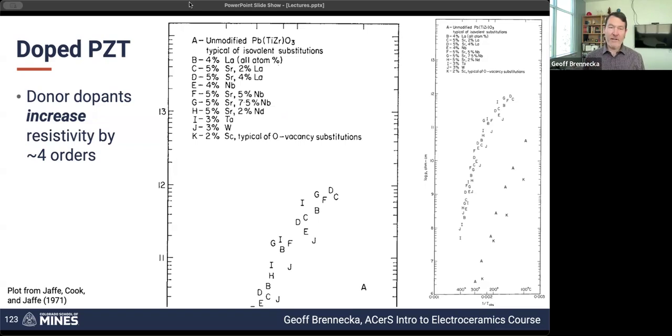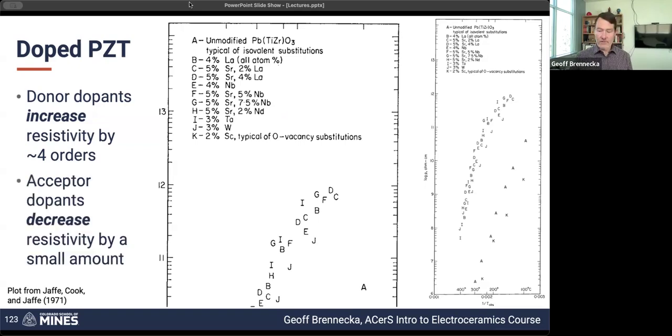So what does that mean in terms of the behavior of the baseline material itself? To summarize what I was just scribbling on there, donor dopants increase resistivity, so that makes it a better insulator. In general, acceptor dopants decrease resistivity by a small amount, but nowhere near the same level.